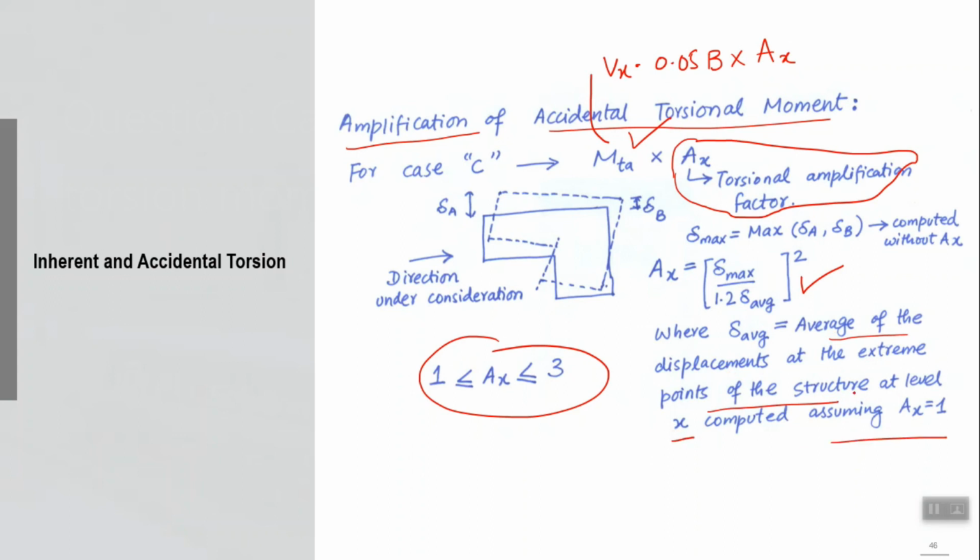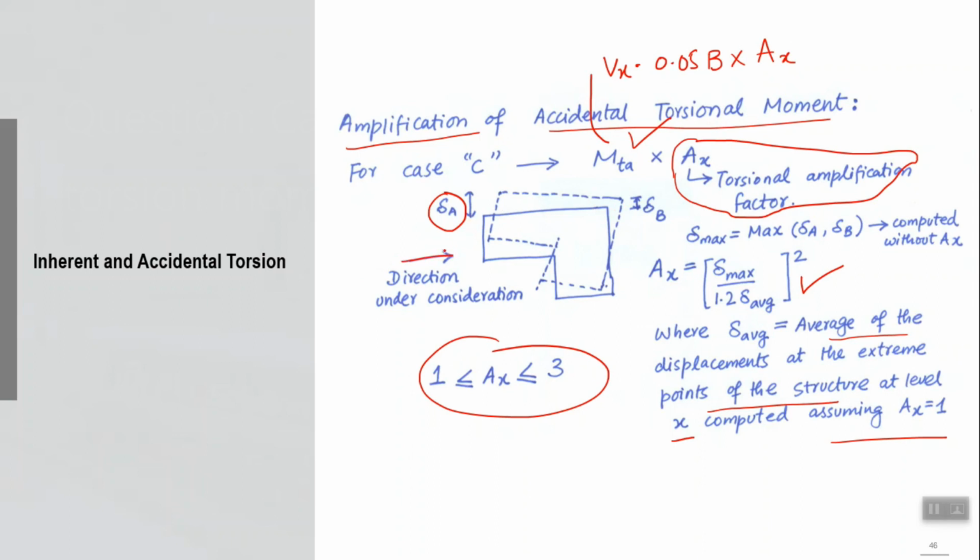So first you don't apply this torsional amplification factor, and calculate your displacement or drift values at the corners, and those corners should be in the direction perpendicular to the applied loading.